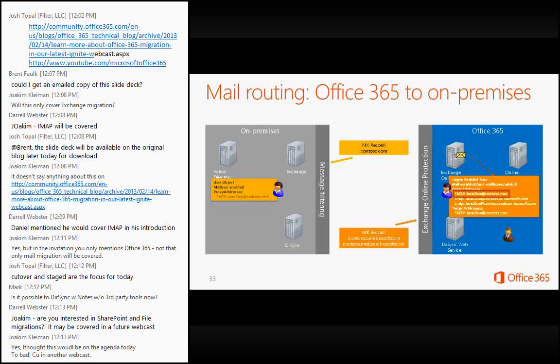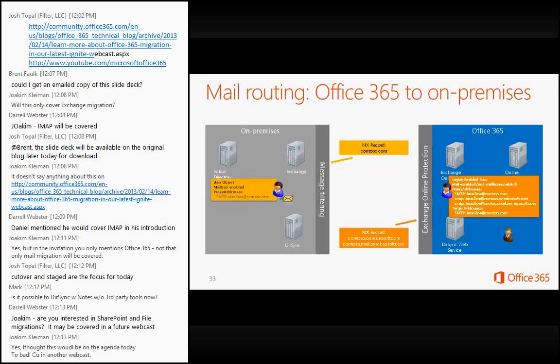It looks for the SMTP address jane.doe@contoso.com, realizes that there's a target address, so the mailbox is not there, and then sends that across to the MX record that owns jane.doe@contoso.com, which then delivers it to your Exchange on-premise organization, which again looks that user up and delivers that mail to the user on-premise.